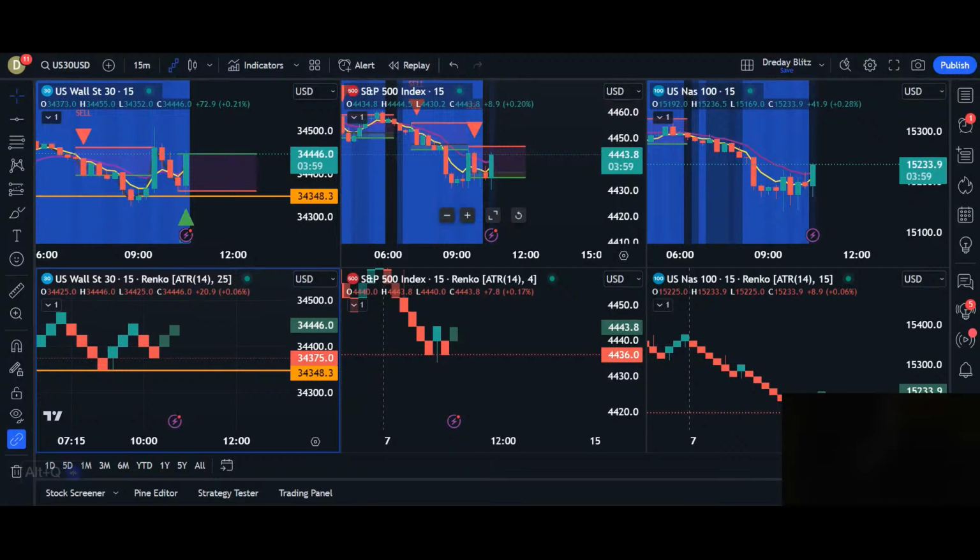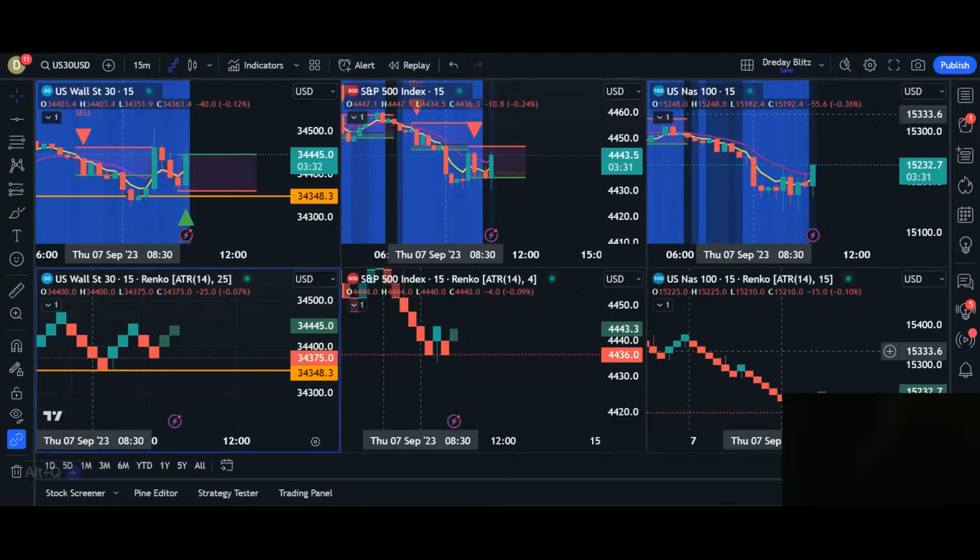So now you have the US 30 pushing up. Same thing for S&P 500, and Nasdaq is pushing up. So that may confirm that the market will be reversing, especially on Nasdaq. If you're looking at the Renkos right now, it's showing us the start of a reversal.